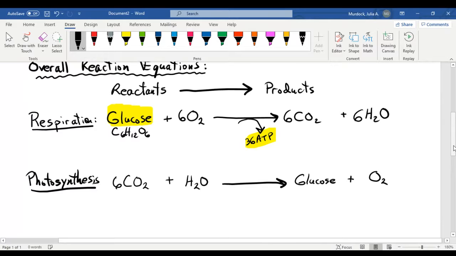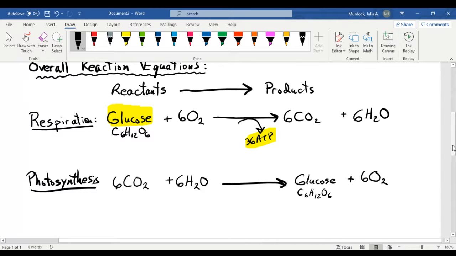So again, we can make it numerically correct, right? And we're making the same food molecule over here, right? So the one reaction is the reverse of the other. If you know one, you can figure out the other one.